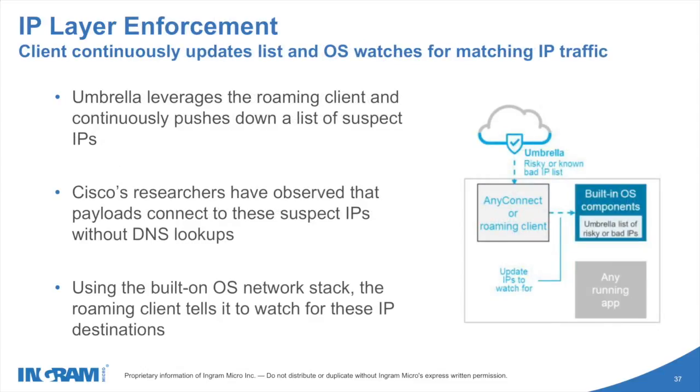The IP layer enforcement: the client continuously updates the list and the OS watches for matching IP traffic. Umbrella leverages the roaming client and continuously pushes down a list of suspect IP addresses. Cisco's researchers have observed that payloads connect to these suspect IP addresses without DNS lookups, and using the built-in OS network stack, the roaming client tells it to watch for these IP destinations.